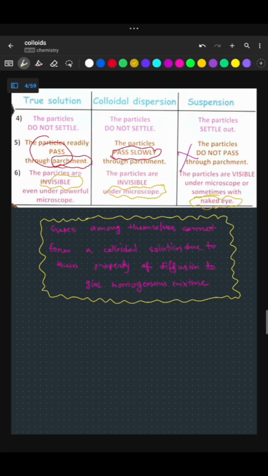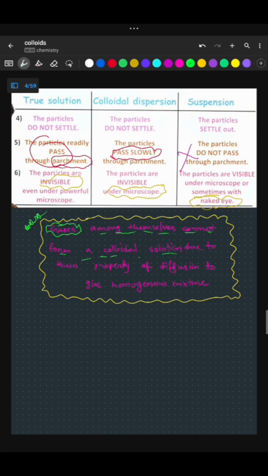And there's an important note here which I have given, which says that gas molecules among themselves cannot form a colloidal solution due to the property of diffusion to give a homogeneous mixture. I hope you understood what it said.